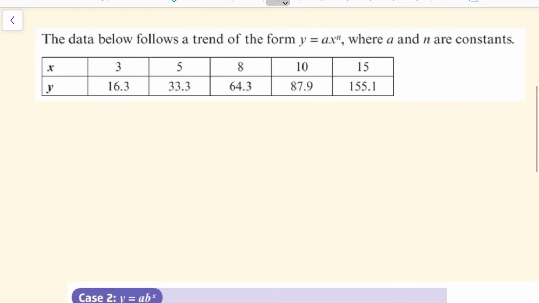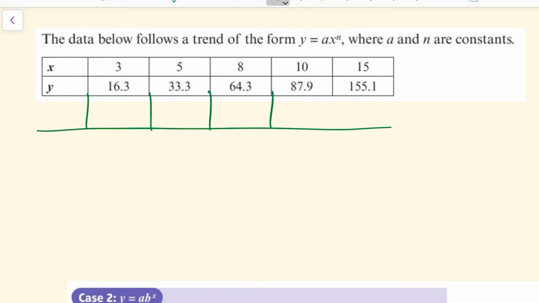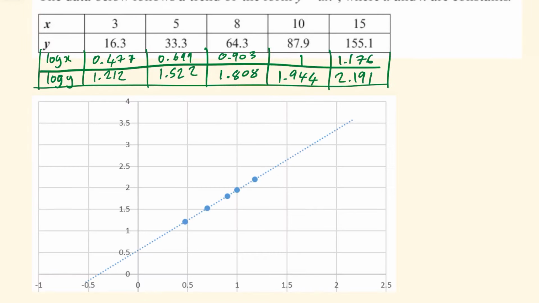So let's see what happens when we do that to the following. First, we need to add two more rows, log x and log y, and complete those.